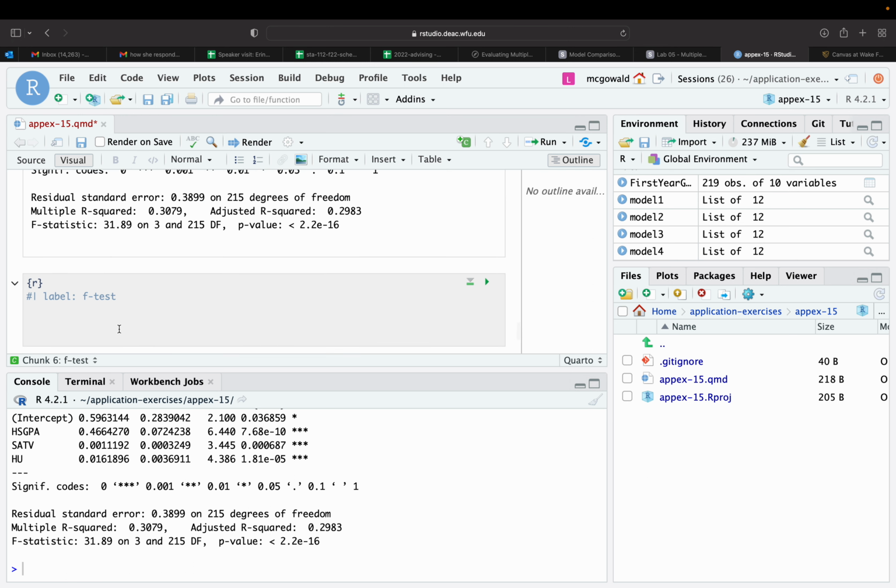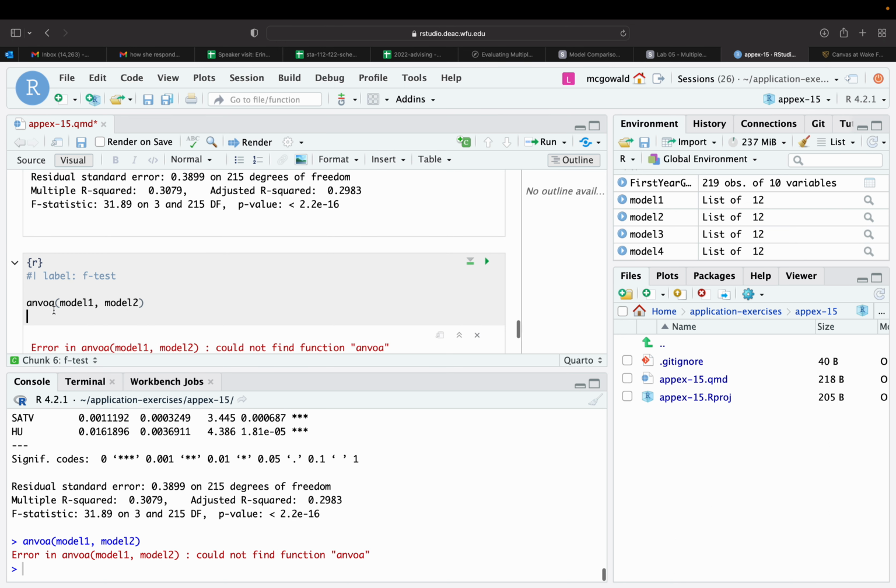But let's first look at an ANOVA just between 1 and 2 to see if what we thought we saw via R-squared holds true when we do our F-test as well. So how would I do an F-test looking at the difference between Model 1 and Model 2? Yeah, anova(model1, model2).